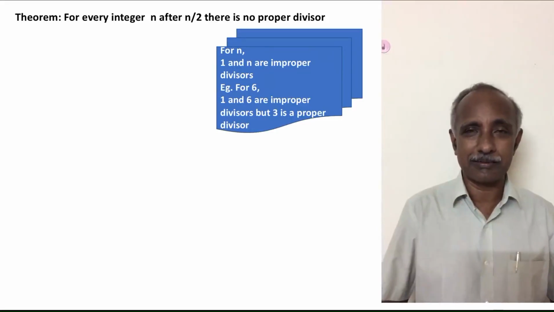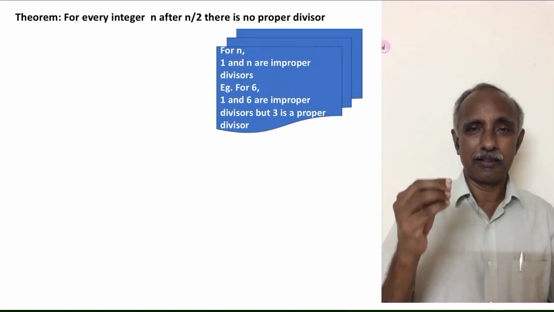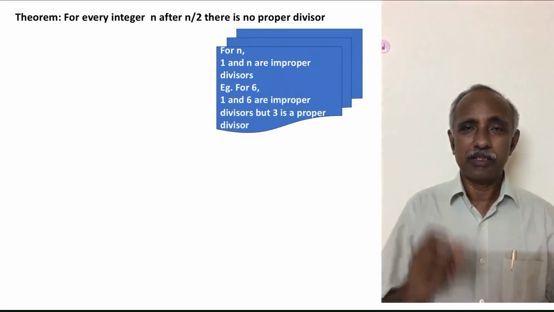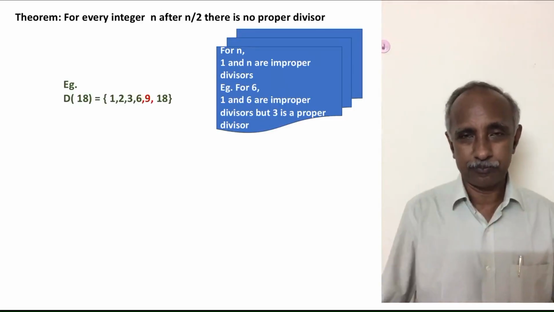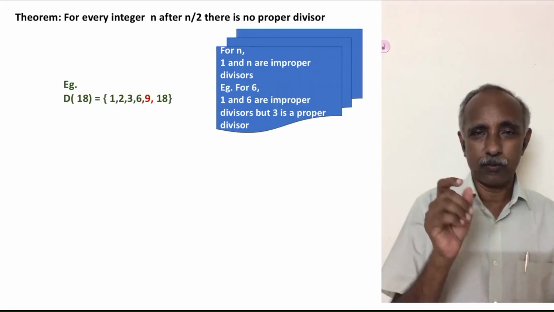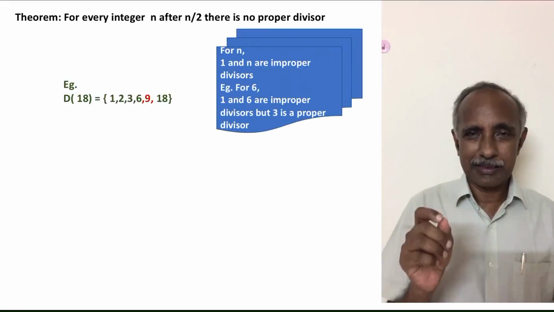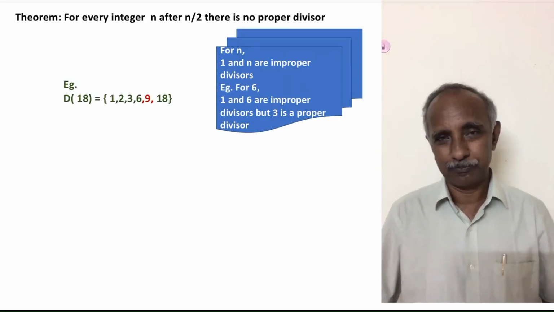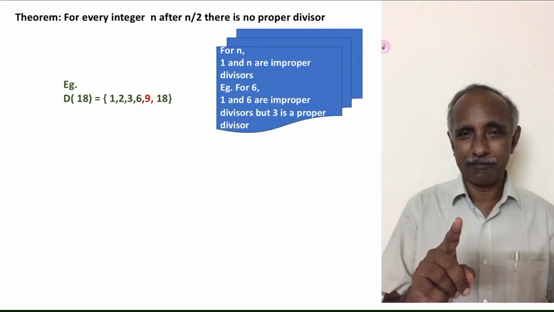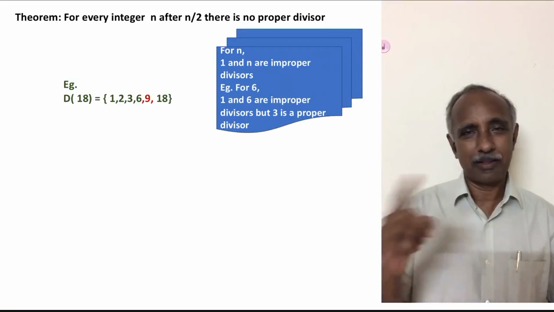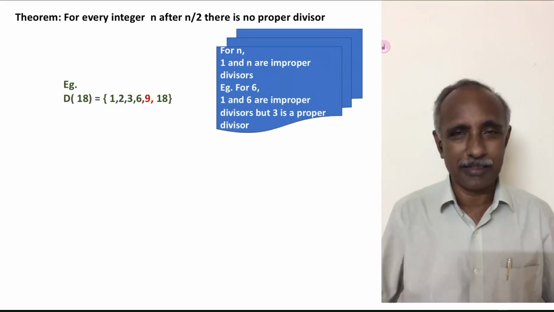To understand this, let us consider 2 examples. The divisor set of 18: 1, 2, 3, 6, 9, 18. You can check, after 9 there is no proper divisor. Only 18 is the divisor.